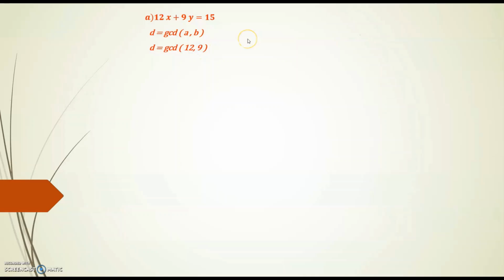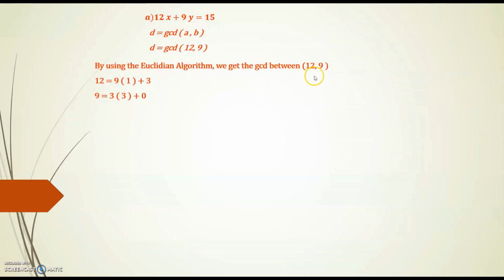Okay. So now in order to find the GCD between 12 and 9, I'm going to be using the Euclidean algorithm to find the greatest common divisor between these two numbers. We can start by getting the 12, and we say that 12 is equal to 9 times 1 plus 3.